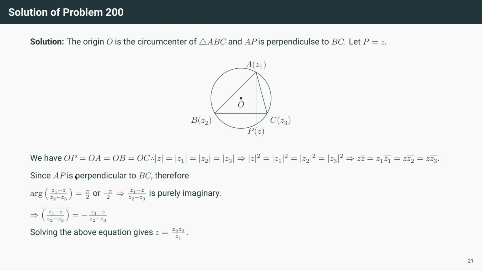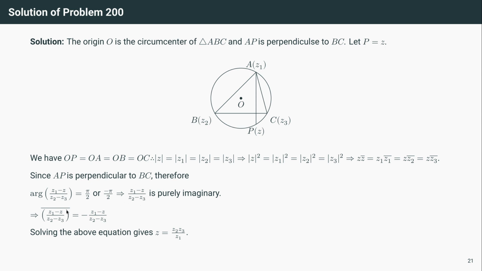Now, since AP we know is an altitude, therefore it will be perpendicular to BC. Therefore, argument of z1 minus z divided by z2 minus z3 will be pi by 2 or minus pi by 2. Therefore, this quantity z1 minus z by z2 minus z3 will be purely imaginary.